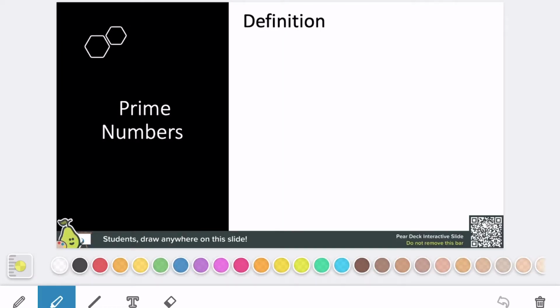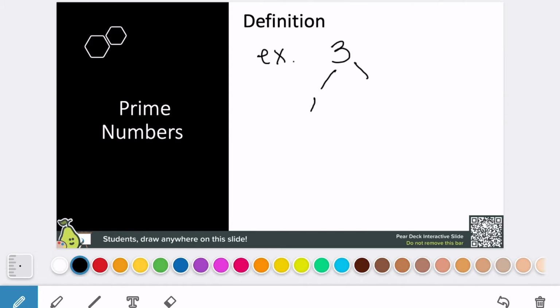First we can define a prime number as a whole number that has only two factors, 1 and itself. For example, if I have 3, we see that 3 is a prime number because we can only have 1 and itself as its factors.